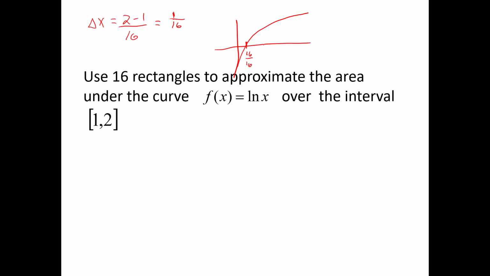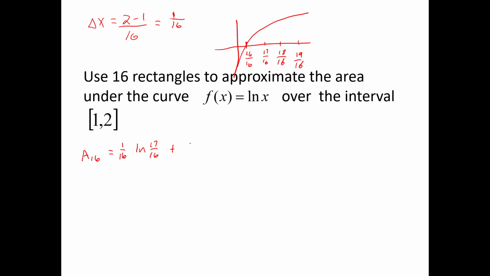And you're going up by a 16, so the next one is 17 over 16, and then 18 over 16, and then 19 over 16, and so on. So then your area using 16 rectangles, the width of each rectangle is going to be 1/16. The first height you get by putting in the 17 over 16 into your formula.